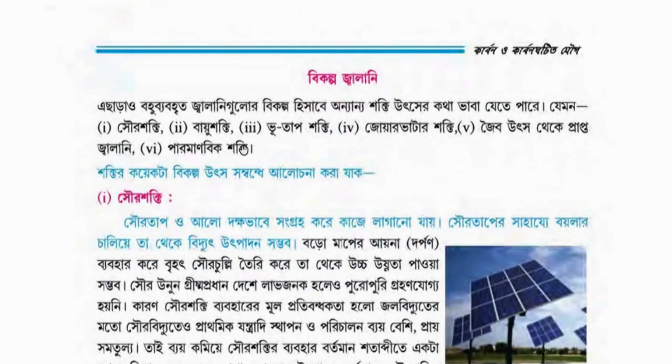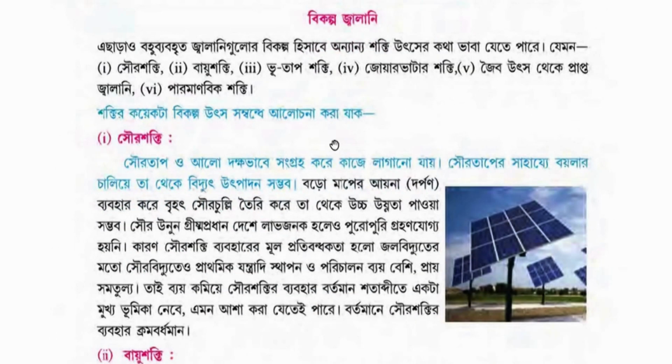Let me discuss some alternative sources. In Bengali it is written as solar energy, wind energy, geothermal energy, tidal energy, fuel obtained from biological sources, nuclear energy. Let us discuss one by one. Solar energy. The energy we are using is solar energy also. We are using coal, we are using petroleum.